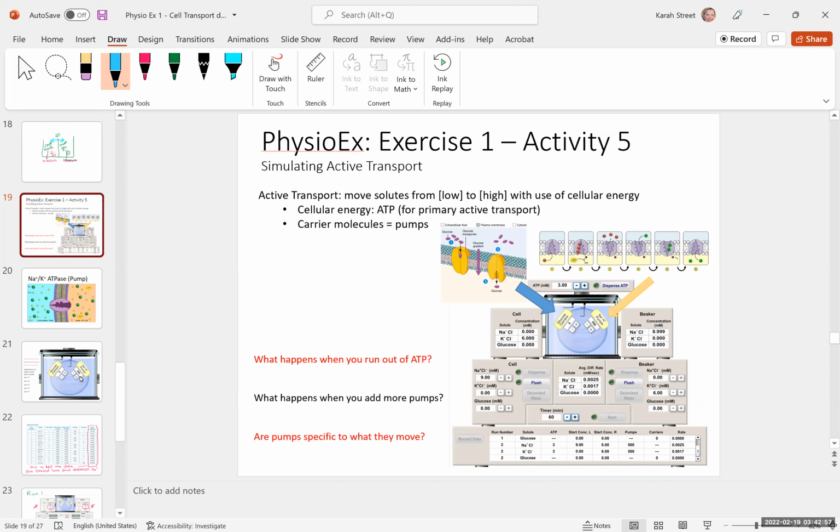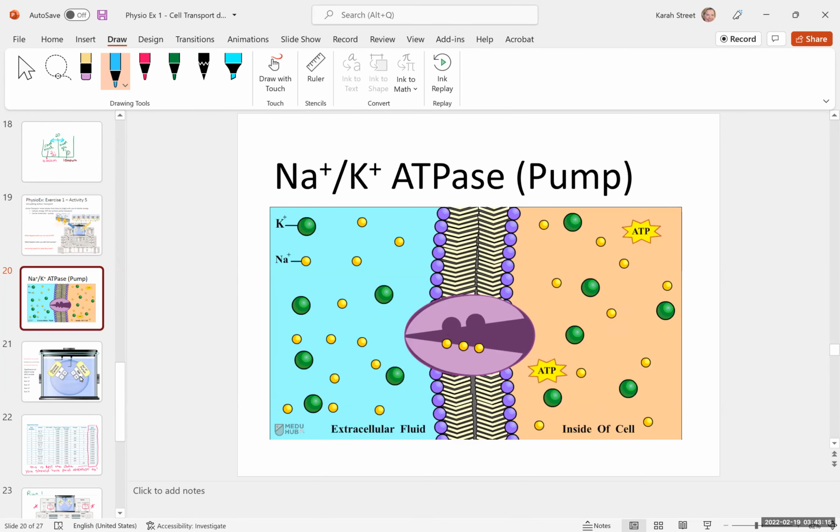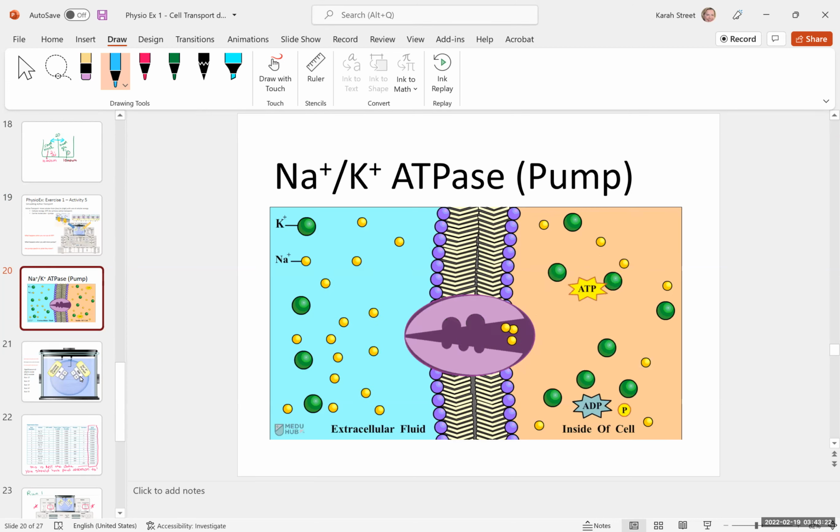Thankfully, I took screenshots of all of the 5 experiments that you did in activity 5. So in this activity, the important part was to understand how the sodium potassium ATPase works. Sodium potassium ATPase, also known as the sodium potassium pump.